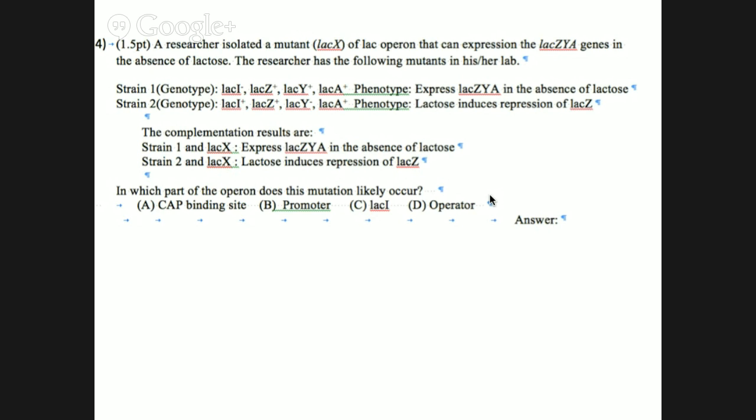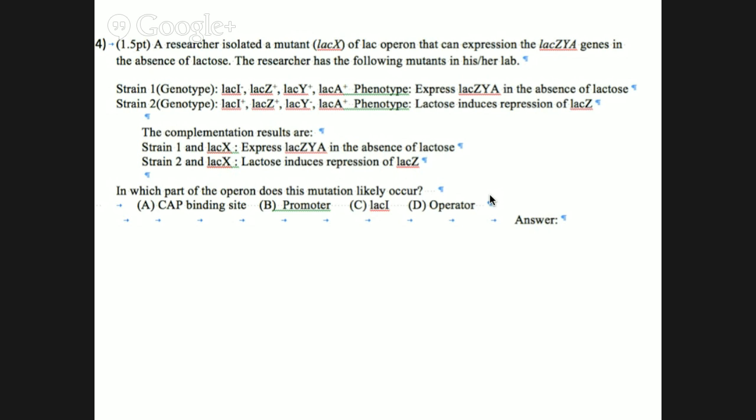Let's see. Now, we can use elimination of the wrong ones. The CAP binding site. What does the CAP binding site do? That's for catabolite repression. When glucose is around, it really doesn't matter whether lactose is there or not.